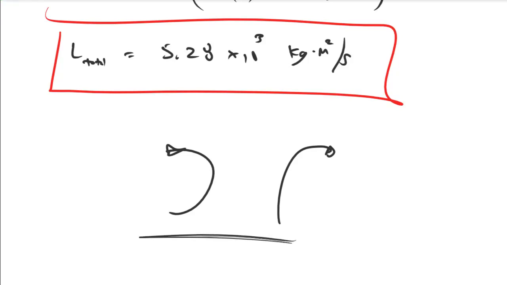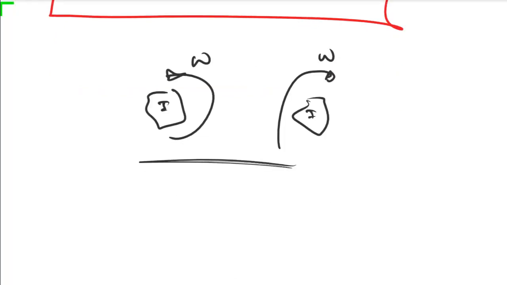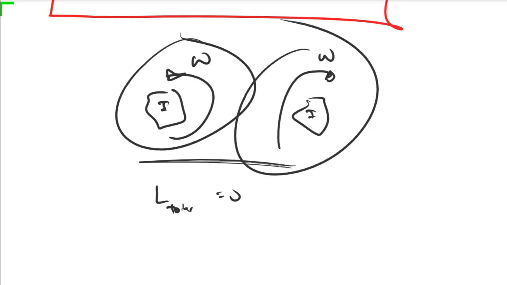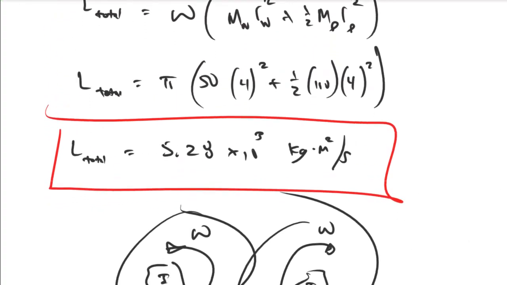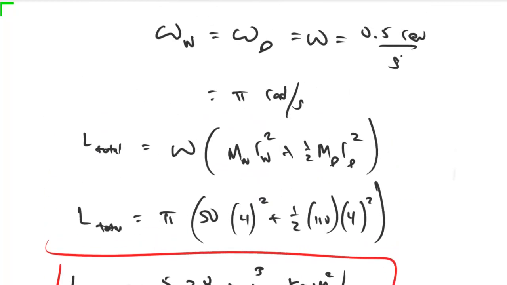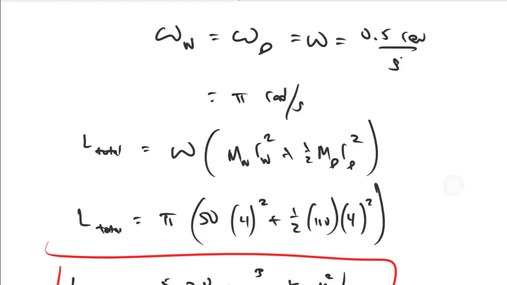If this has a magnitude omega, this has a magnitude omega, and each has a rotational inertia of I, then the angular momentum of the whole system would be equal to 0, because this would be a positive and this would be a negative. So they add up as vectors, but we're just looking for the magnitude, so we just consider them both to be rotating in the same direction since the woman was on the disk, but we didn't care whether or not it was positive or negative.